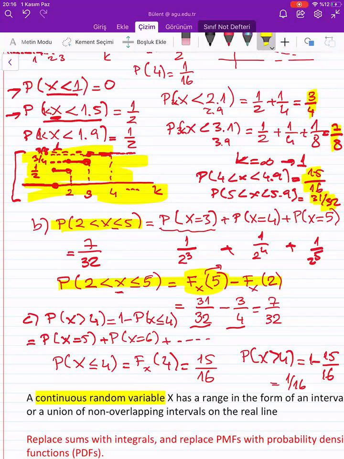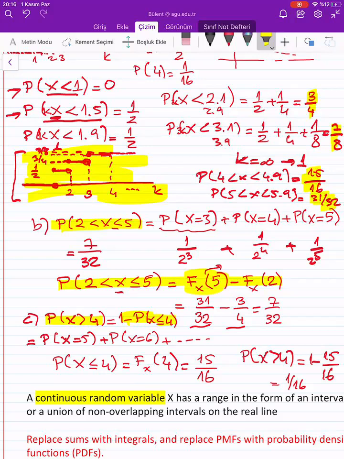Okay, so I hope this was clear. When we think about the probabilities of something greater than something, we might immediately use this formulation. So this was the final exercise for you. And this is all for the PMF and CDF of discrete random variables.